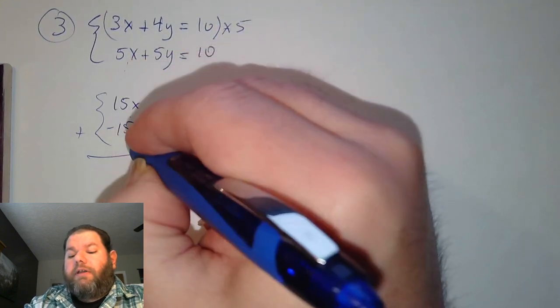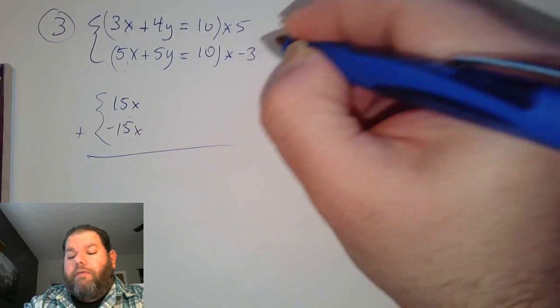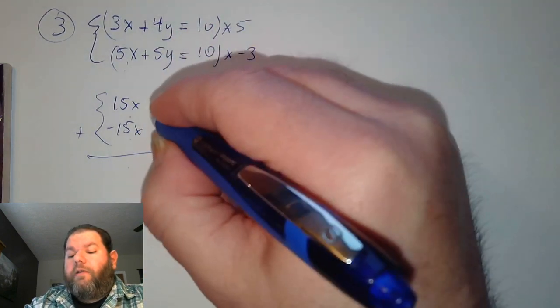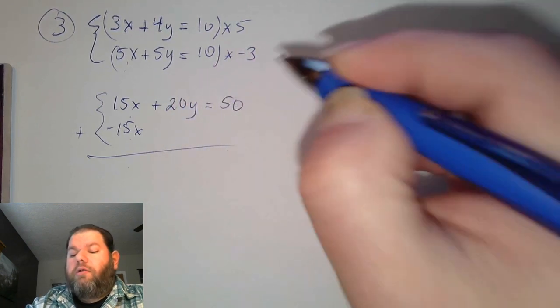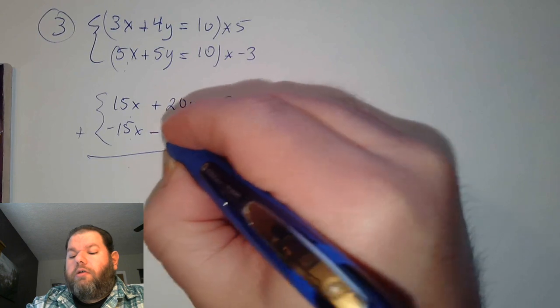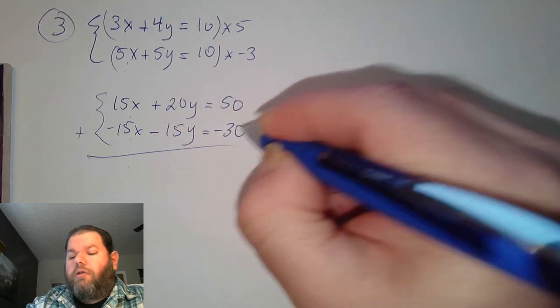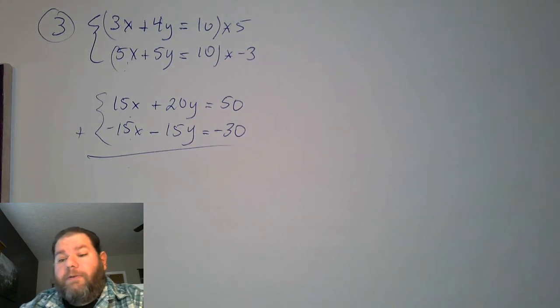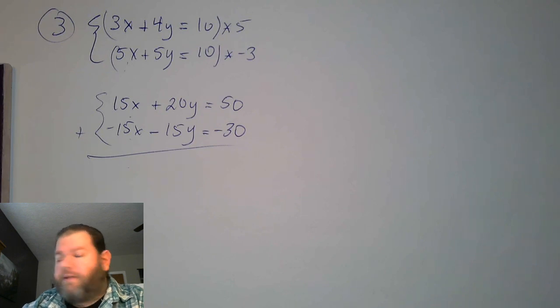And to make this into a negative 15, we'll multiply the second one by negative 3. It does look a little suspicious when we have both equal to 10, that it feels like it might be inconsistent, but in reality, I don't think it's inconsistent. Well, I guess we'll find out here in a second.